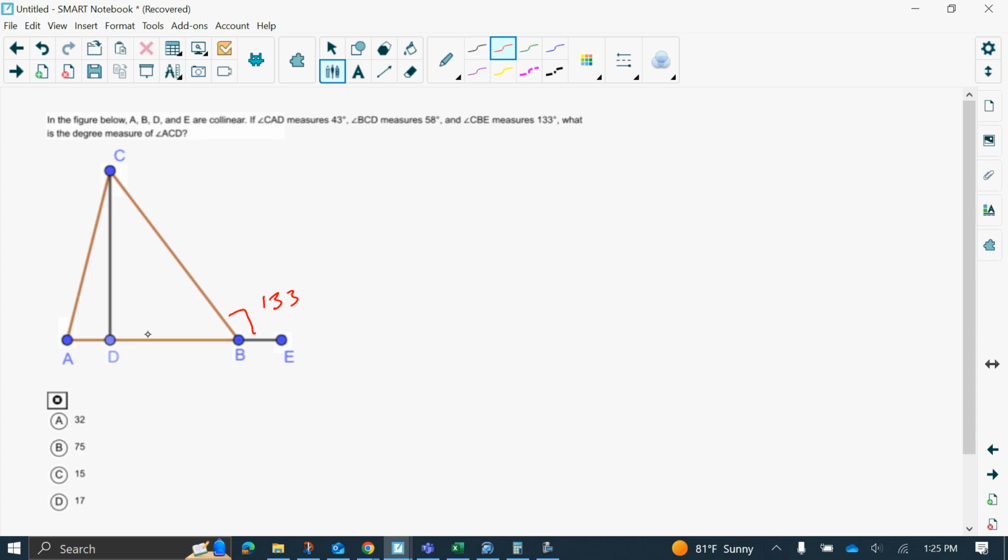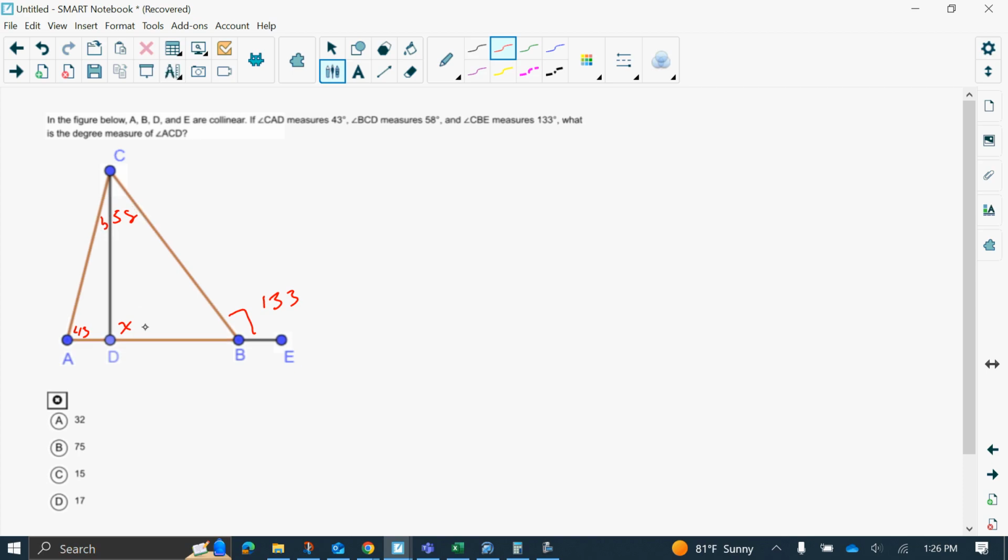They tell us that this angle, CAD, is 43, and that BCD is 58. So basically, we need X to find Y.